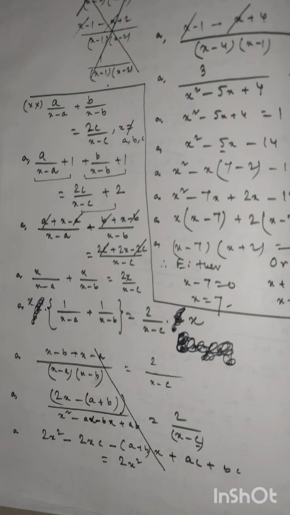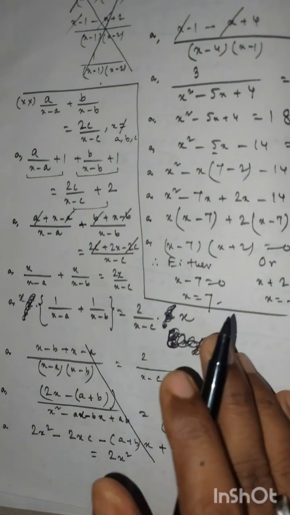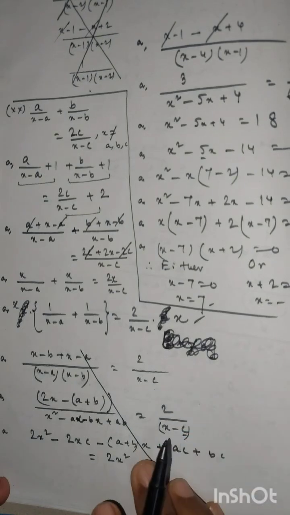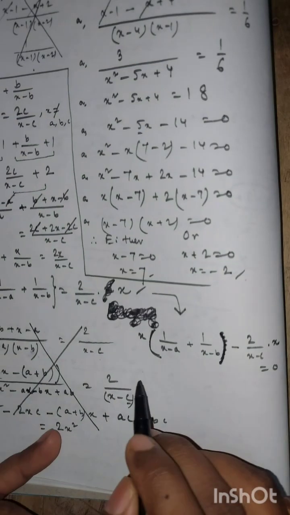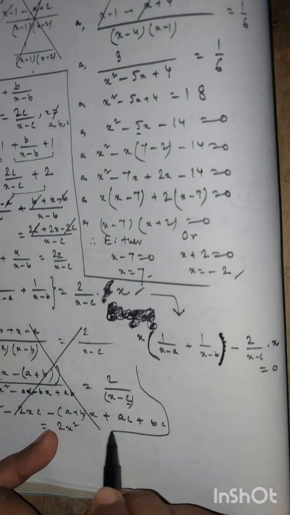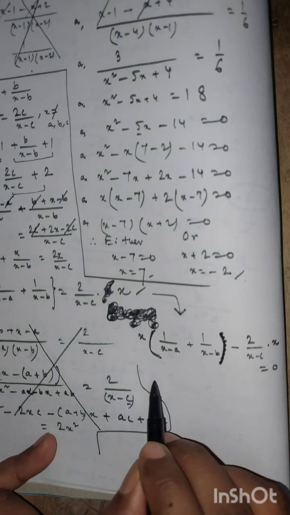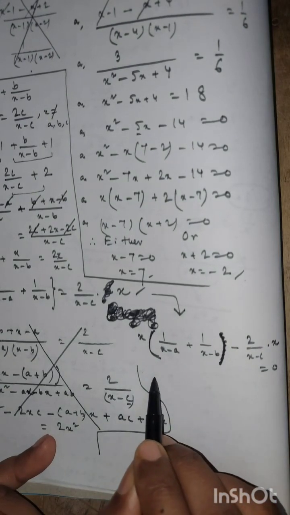So this is our last step. Right, now we should take x common from these two quantities.